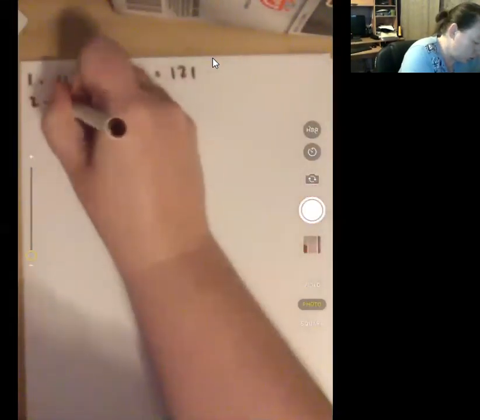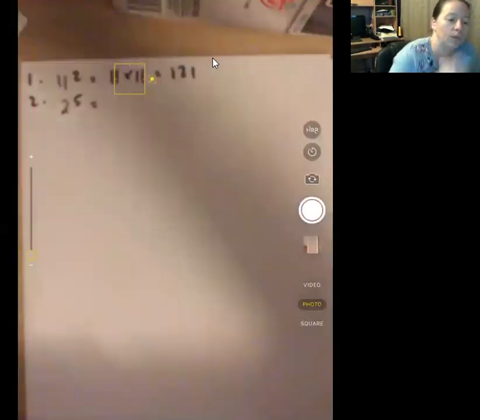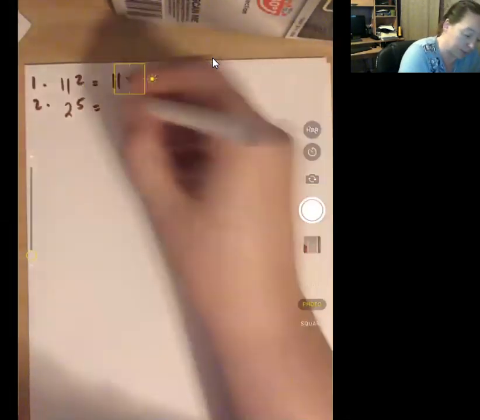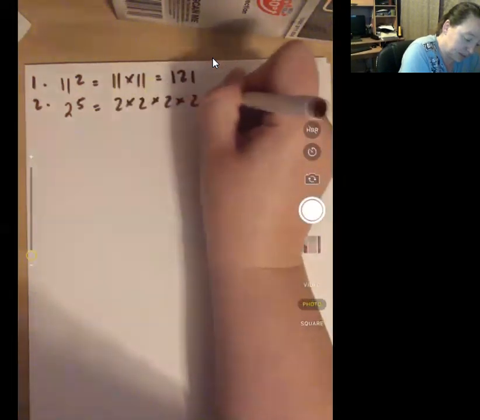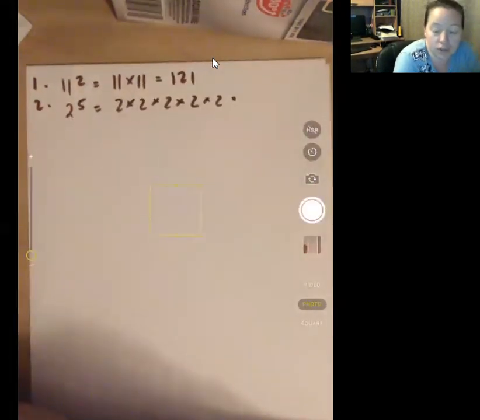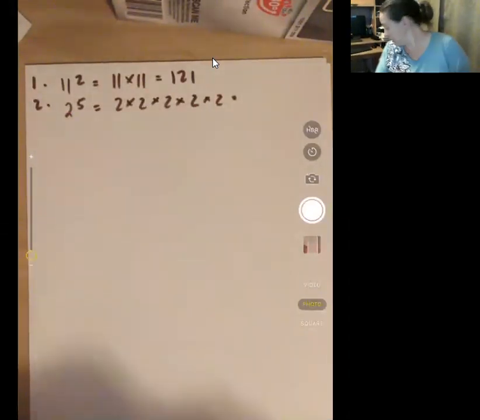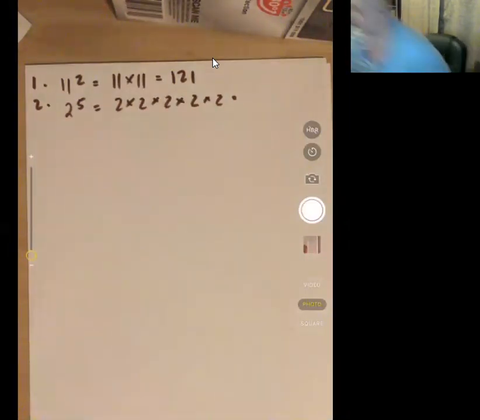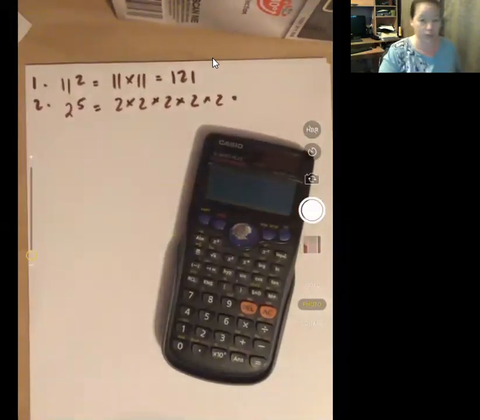Number 2, 2 to the 5th power. We are literally multiplying the number 2 five times: 2 times 2 times 2 times 2 times 2. So when we want to plug that into the calculator, we do it this way.